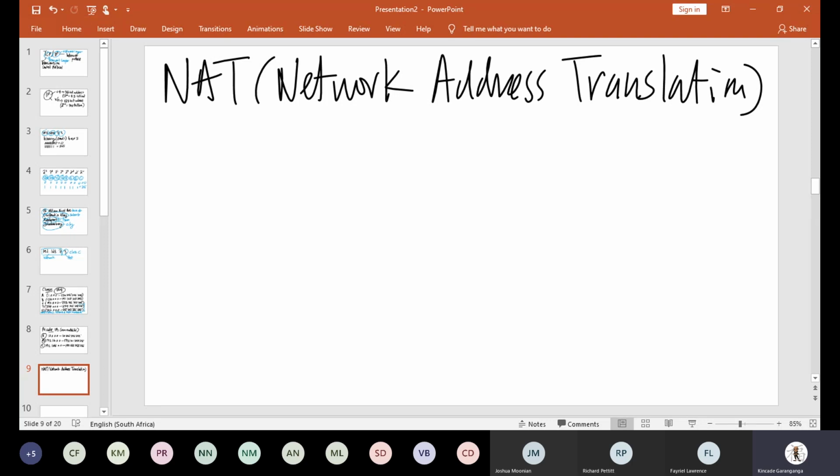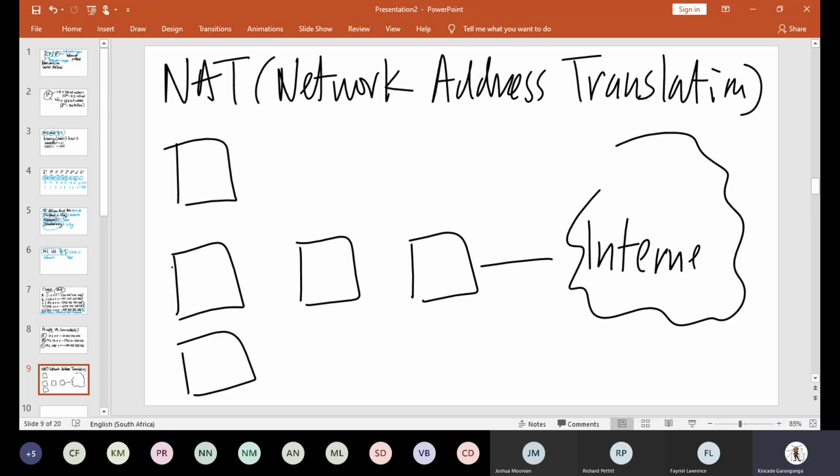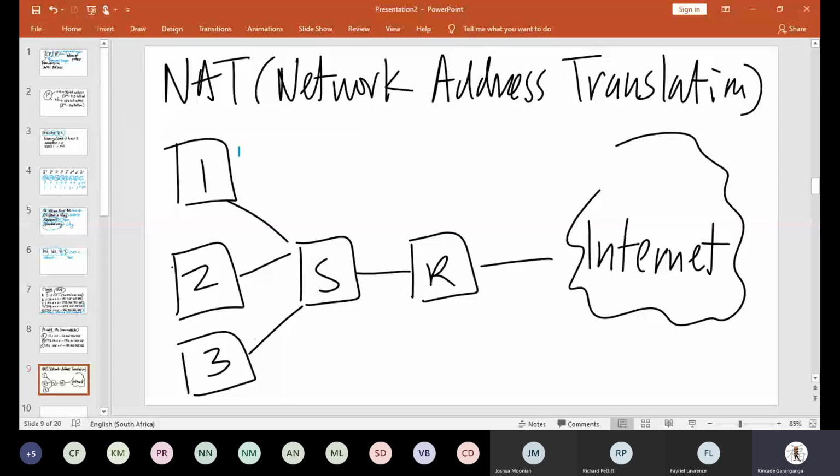So let's look at how NAT functions in a diagrammatic format from a basic point of view. Let's say we're sitting with 3 machines there. Obviously, a lot more can be configured. We've got our switch, we've got our router, and then let's say we've got connectivity to the internet. So as far as computer systems 1, 2, and 3 are concerned, let's assume we're sitting with IPs within the private address range of Class A. So let's go 10.0.0.17, for instance.